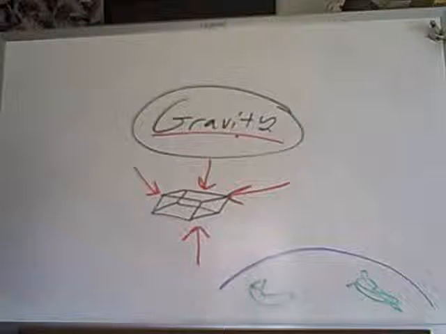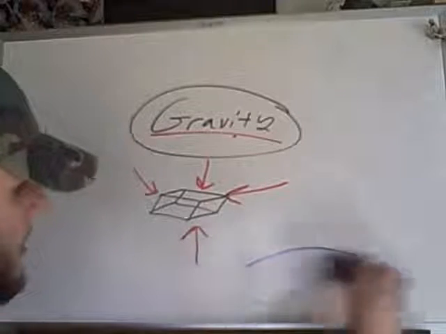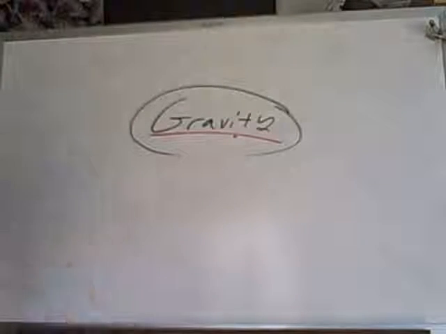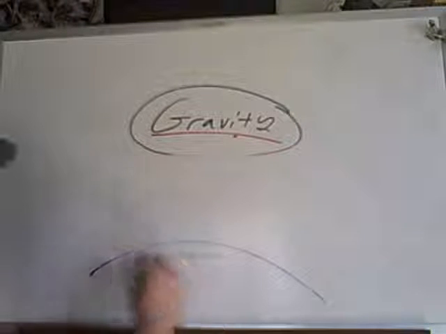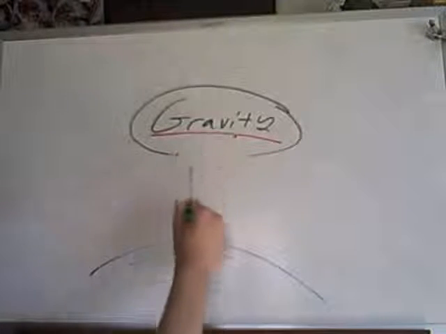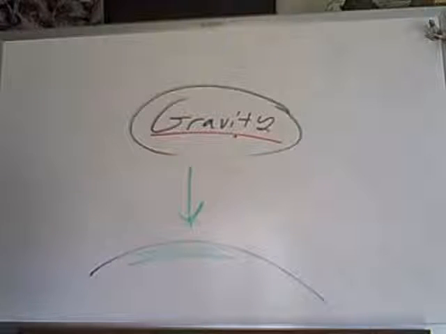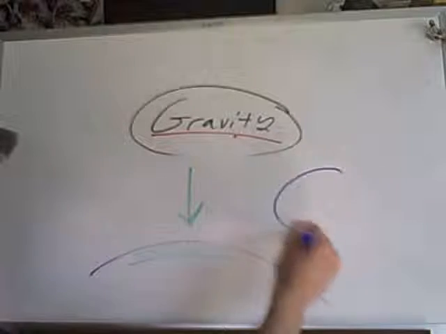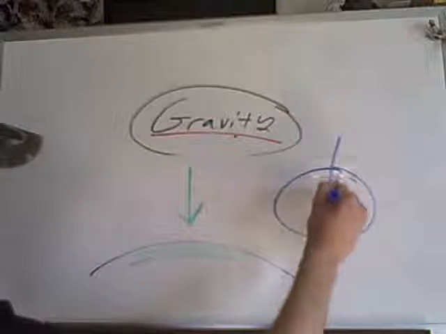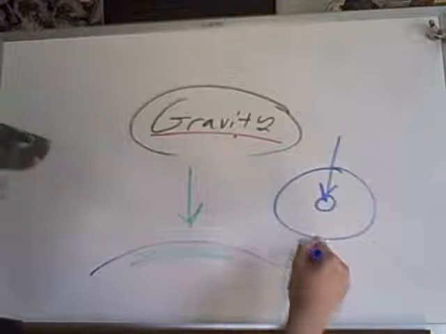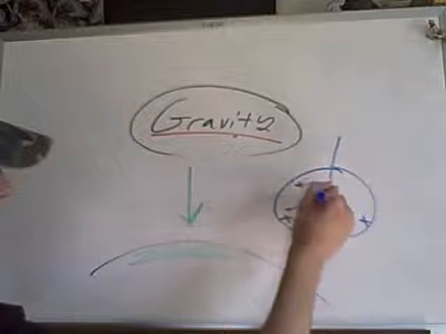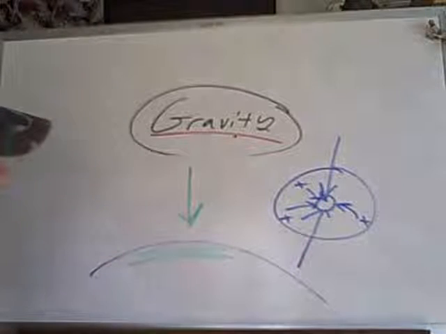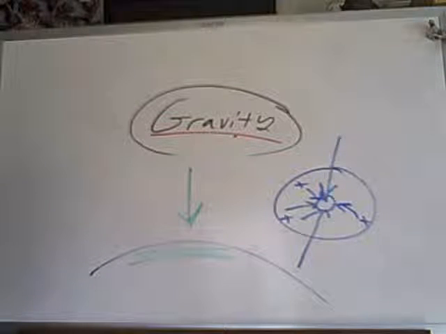Is this force of gravity that causes, every time we are on Earth and we drop something, it goes down because it is aiming for the center of the Earth. So no matter where we are on the Earth, if we were here, here, here, it will always try to go toward the middle or the center.